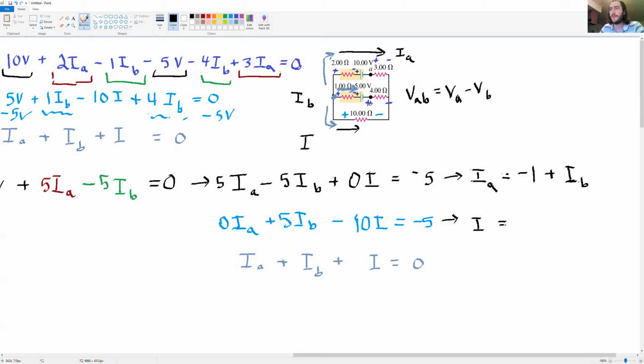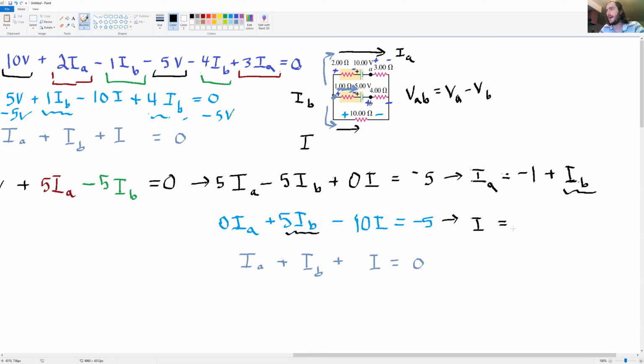So I want to solve this second equation so that IB is on the right-hand side. And then I'm going to plug those two into the third equation. And that will give me an answer for IB. It's a little mistake I see a lot of people making that gives them a lot of extra work to do right from the beginning. So when you solve these equations, always make sure that you put the same term on the right-hand side.